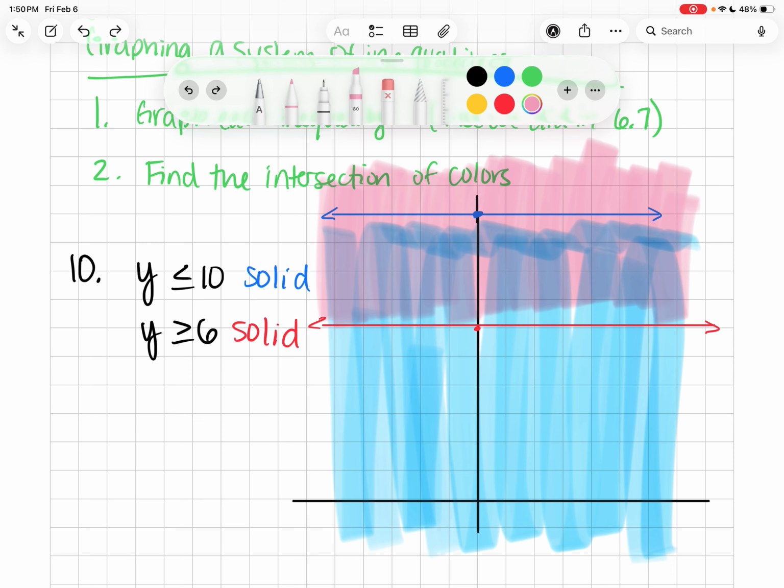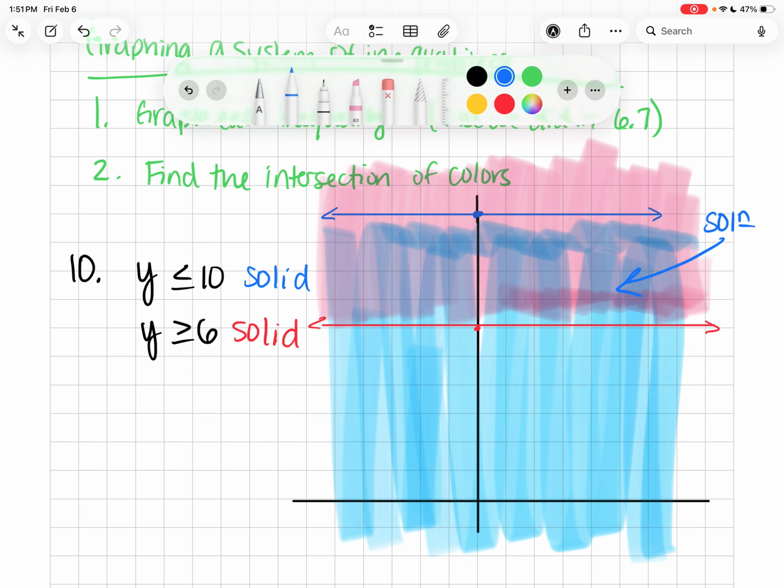My graph just stops right above the previous thing, so I'm just going a little bit above it. But this whole region in here, where the colors are overlapping, is a solution. So what you need to do then is draw an arrow to the area where the solution is, and write solution.